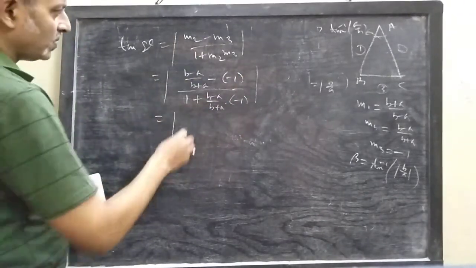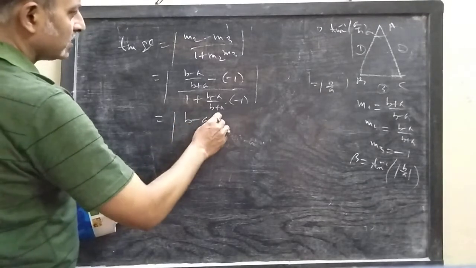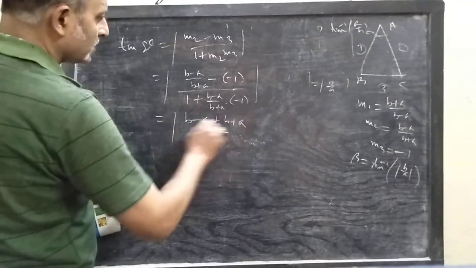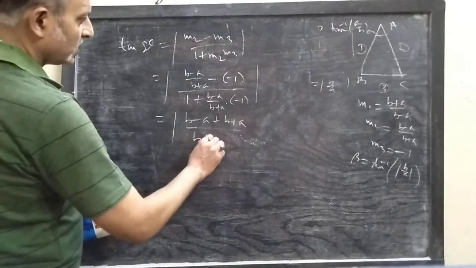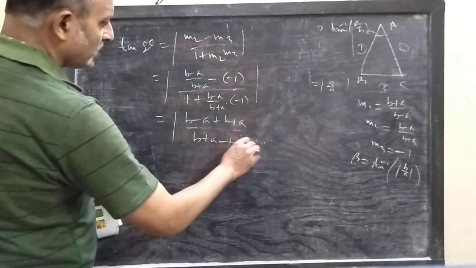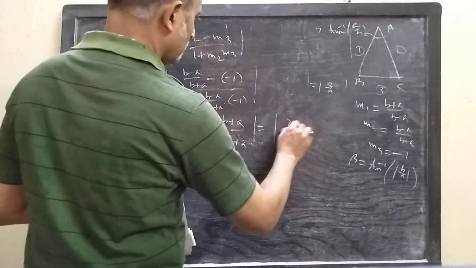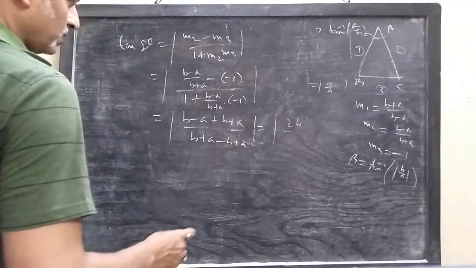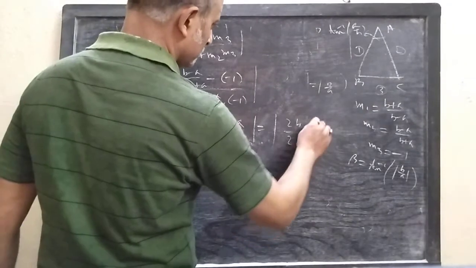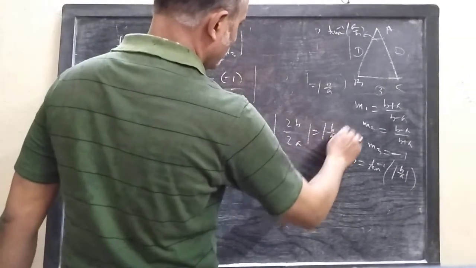Multiply both numerator and denominator by (b plus a), you get (b minus a) plus (b plus a) in the numerator. Here it becomes (b plus a) minus (b minus a). So we get 2b by 2a, so mod of b by a.